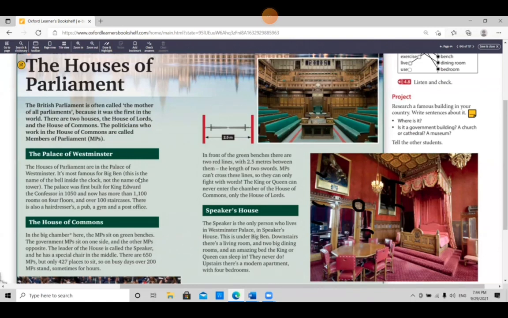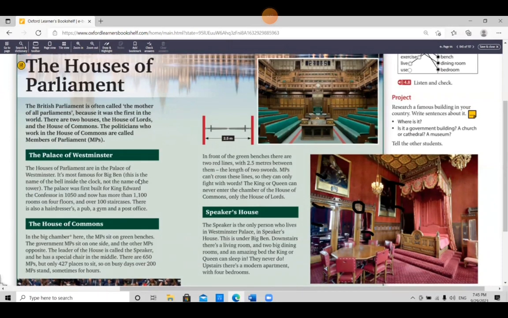The palace was first built for King Edward the Confessor in 1050, and now has more than 1,100 rooms on 4 floors and over 100 staircases.